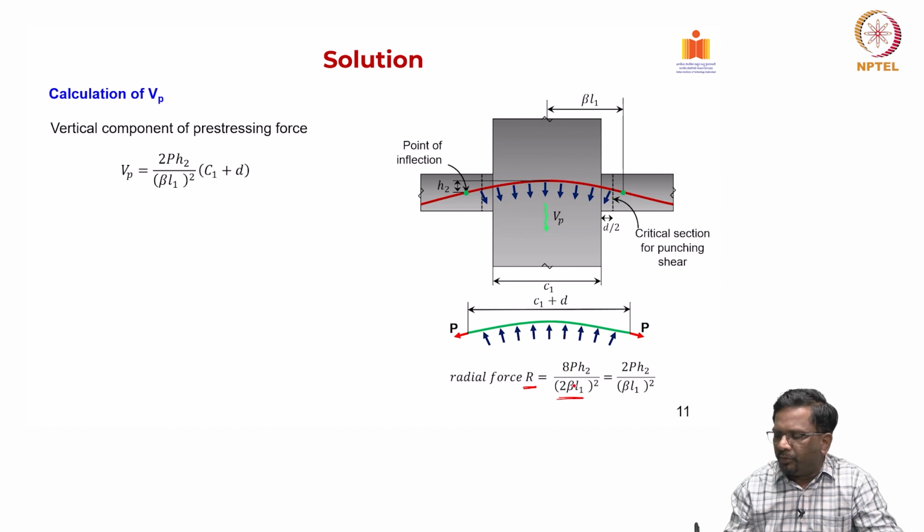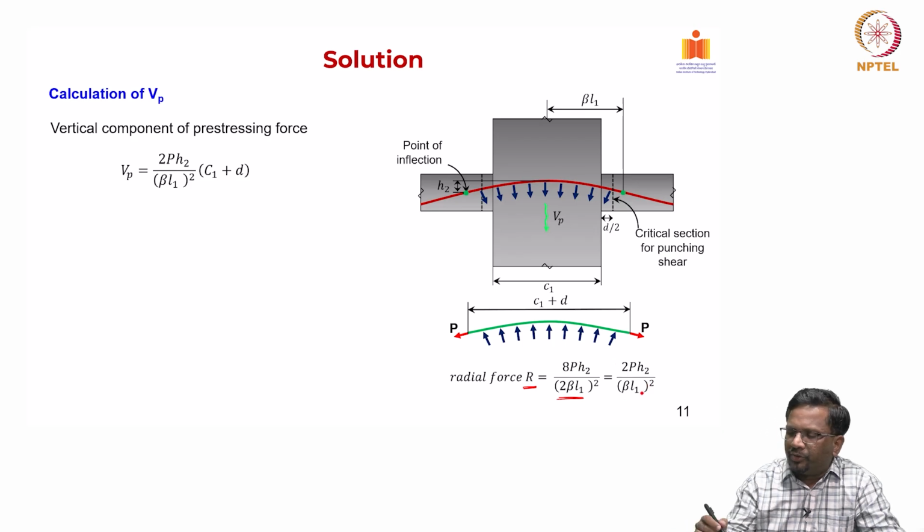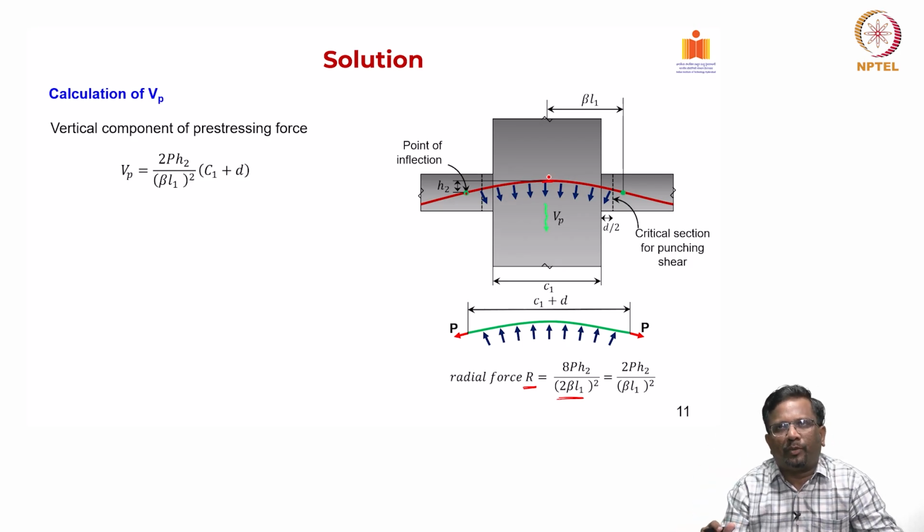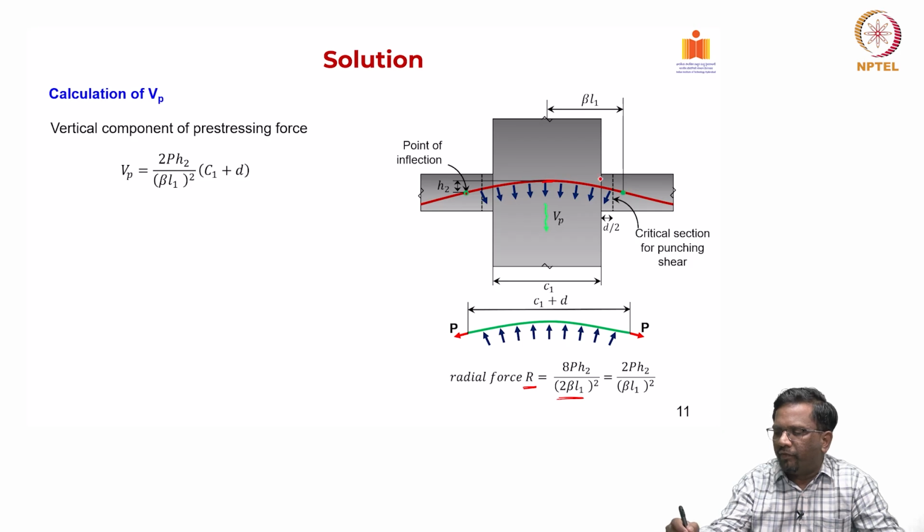So, when you simplify that, that works out to be 2 into P into H2 by beta L1 the whole square. Now, H2 is the distance from the point of inflection to the top point of the reverse parabola, right, and beta L1 is basically from the point of inflection to the center where the apex of the parabola is situated, right.